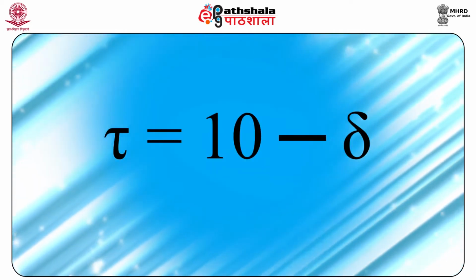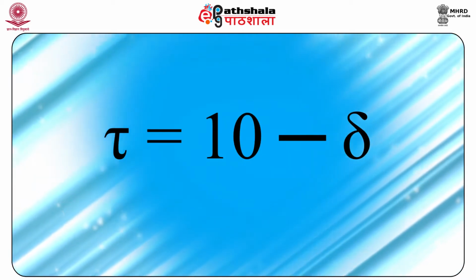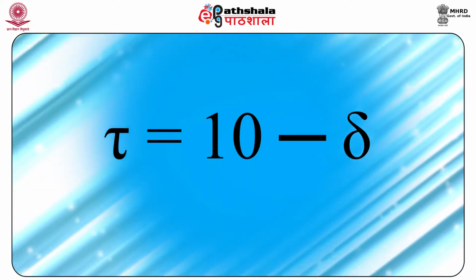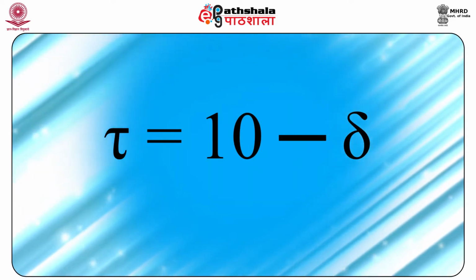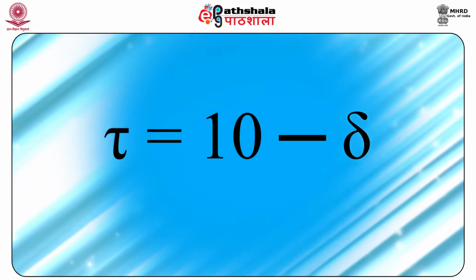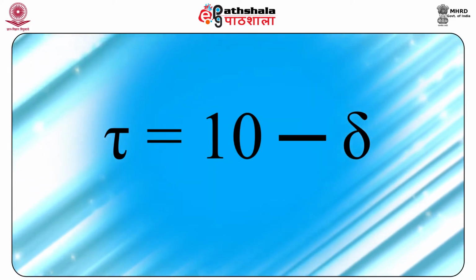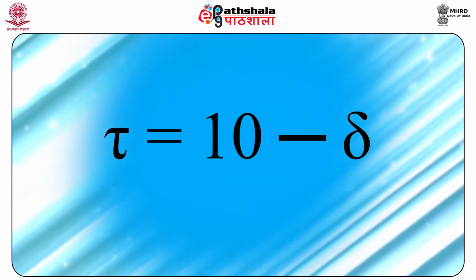Chemical shift can also be measured on a tau scale, in which TMS is given a value of 10 ppm. The value in delta can be converted into tau using the equation tau is equal to 10 minus delta.